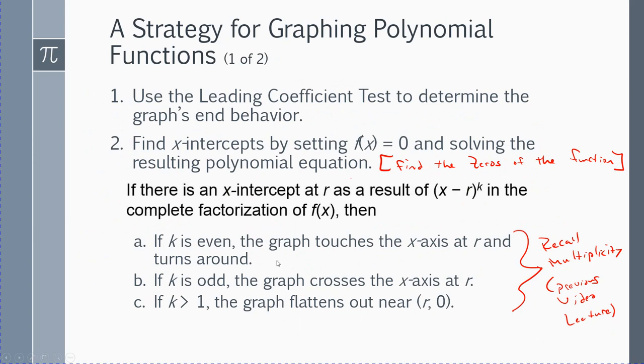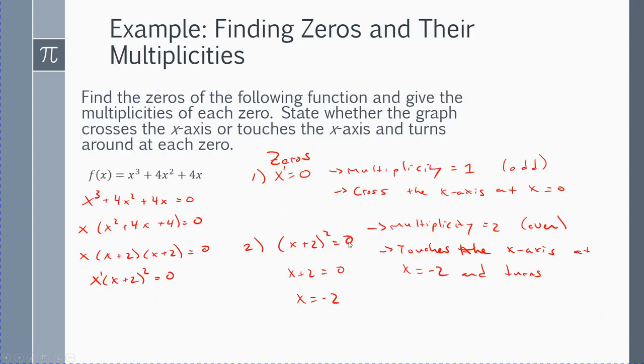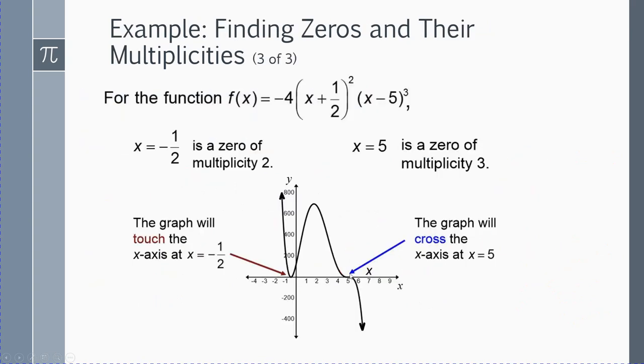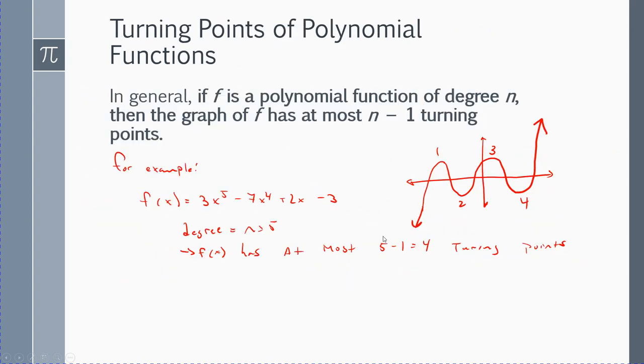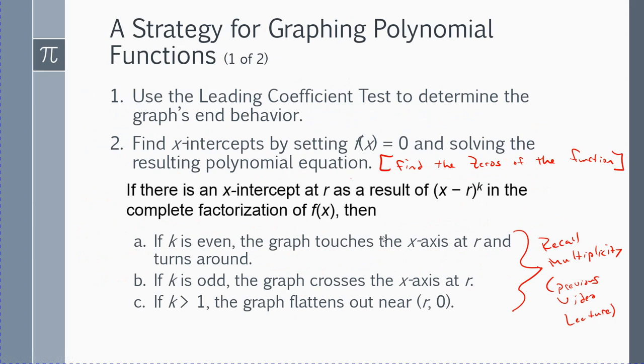If k is odd, then the graph crosses the x-axis, it goes right through it, like this. And then just remember, if k is greater than 1, the graph flattens out, even if it's going to cross through it or turn, it flattens out as it gets near that x-intercept. So these are really important to recall.